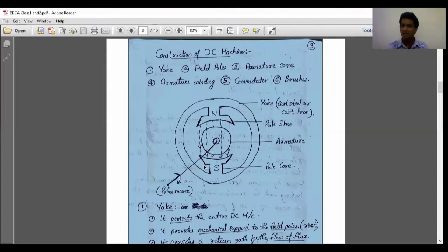I must convert my DC supply to AC and give it to the armature. Here there is a device called commutator which acts as an inverter, DC to AC. That means we are giving DC supply to the armature, but before that we are converting this DC to AC with the help of commutator. So in case of DC motor, commutator acts as a mechanical inverter.